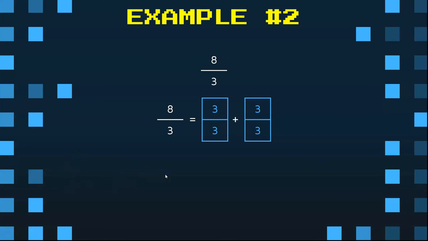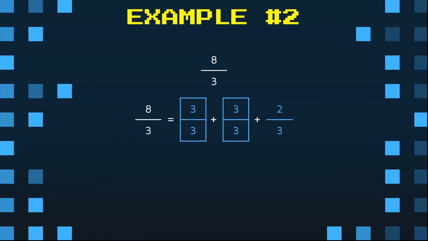Okay, so that's good. Could we do another 3? 3 plus 3 plus 3? That's 9. That would be too much. All right, 3 plus 3 is 6. How many more do we need to hit 8? 2. 6 plus 2 is 8.